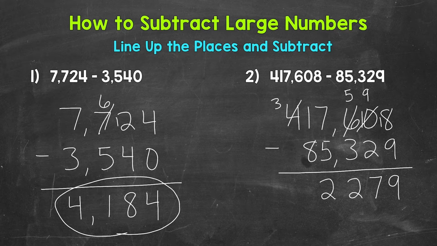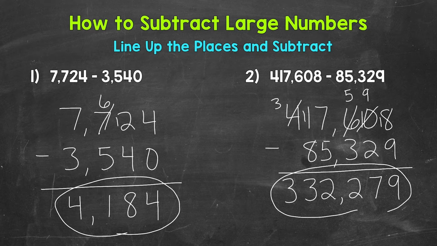That's now a 3. And we have 11 minus 8, which is 3. And then the 100,000s place, we just have a 3, so we can bring that 3 down. Place a comma in our answer, and we end up with 332,279. So there's how we subtract.